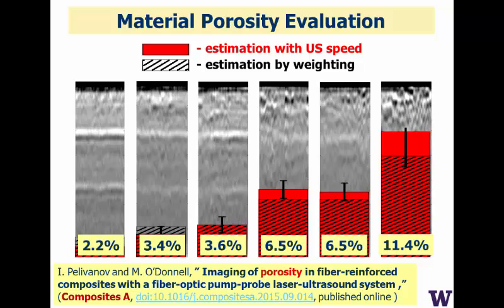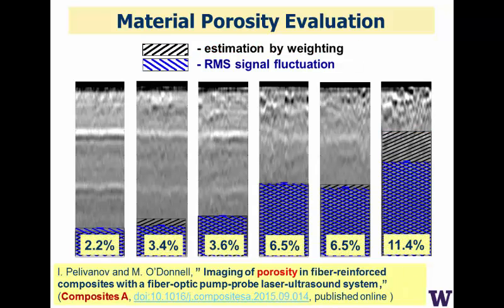So how well can we do? Here is what's done traditionally. That is the estimation with ultrasound speed, which is in red, compared to a weight measurement, which is a gold standard for these samples. What we can see is there's a good correspondence between the independent measurements of porosity and the ultrasound estimates. However, there are very large errors, especially in the high porosity samples, when you're trying to make the measurements based on wave speed.